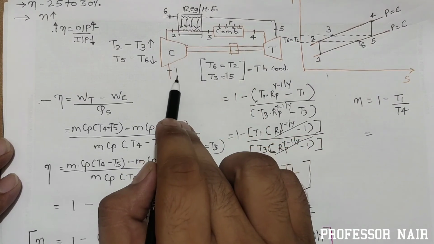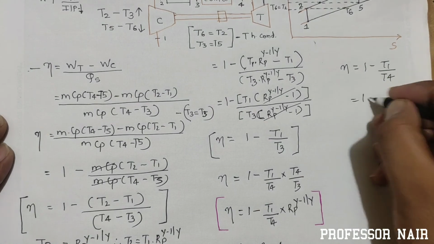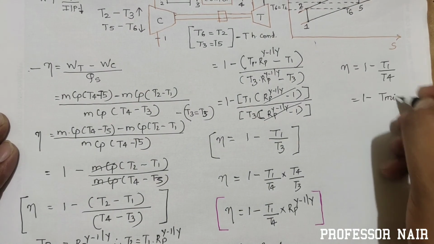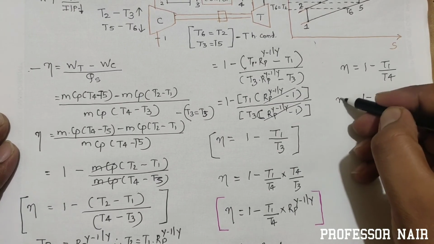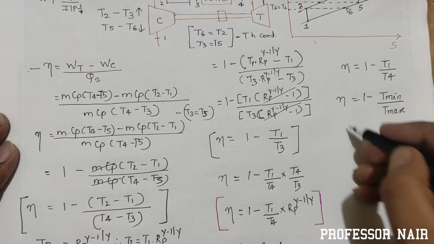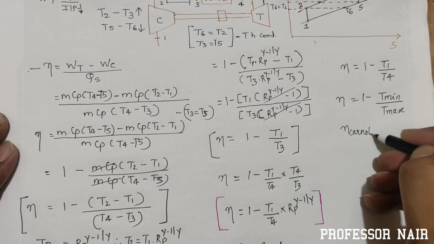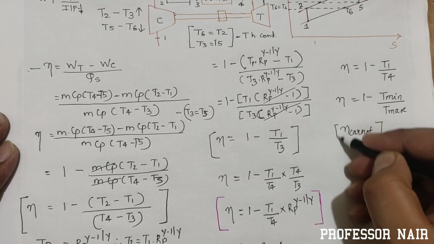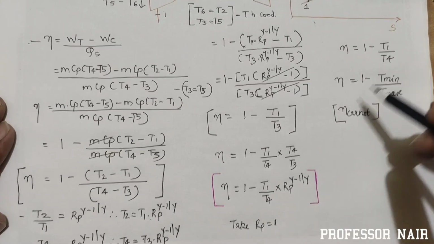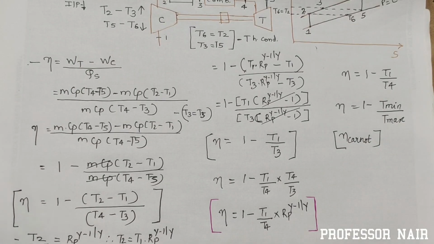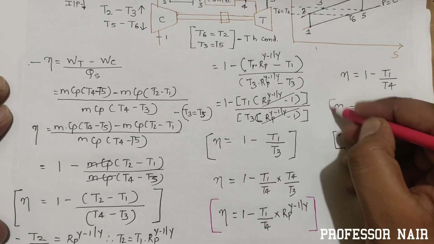So T minimum is T1, T maximum is T4. So I can write 1 minus T minimum upon T max. So this efficiency is equal to what? Carnot efficiency, dear students. So if your pressure ratio is 1, the equation would become 1 minus T minimum upon T max.